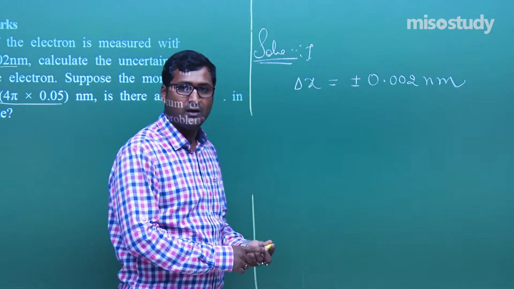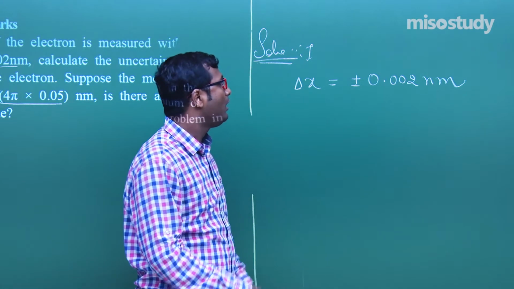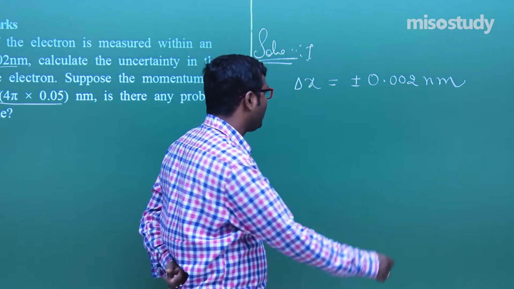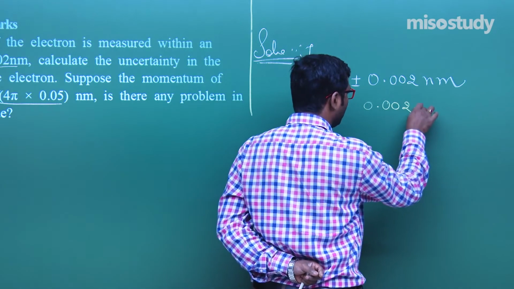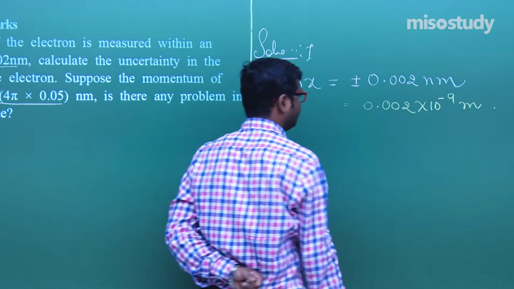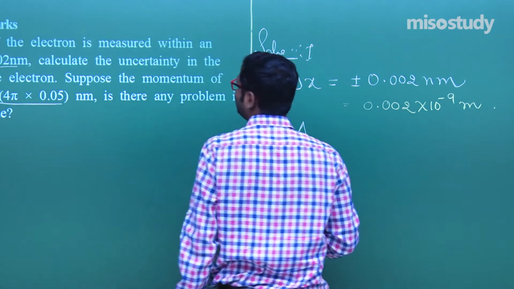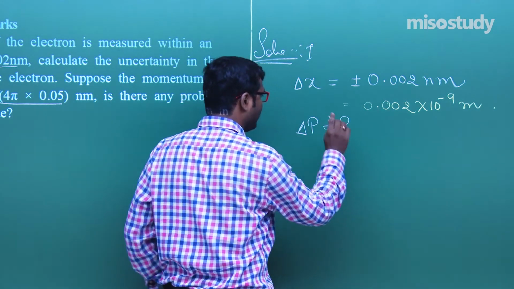That is the range, between minus 0.002 to plus 0.002 nanometer. Convert it into meter: 0.002 into 10 to the power minus 9 meter. Clear? And we need to find the uncertainty in momentum, that is delta P.